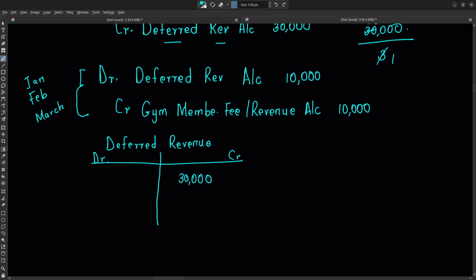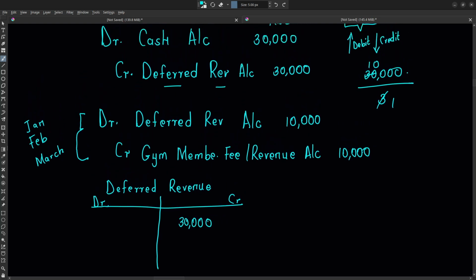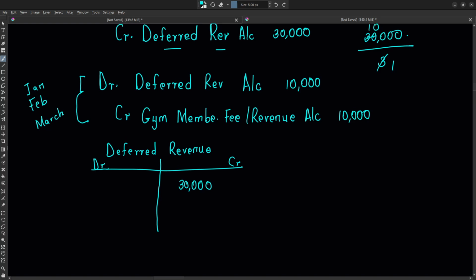And then during the 3 months, at the end of January 2026, we debited 10,000. Then at the end of February, we debited another 10,000 because it was no longer a liability. This person has used the gym in February. And then at the end of March, we debited another 10,000.